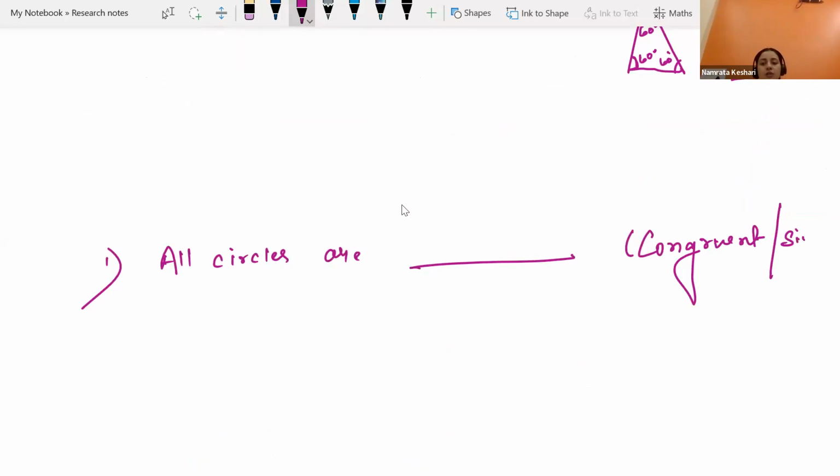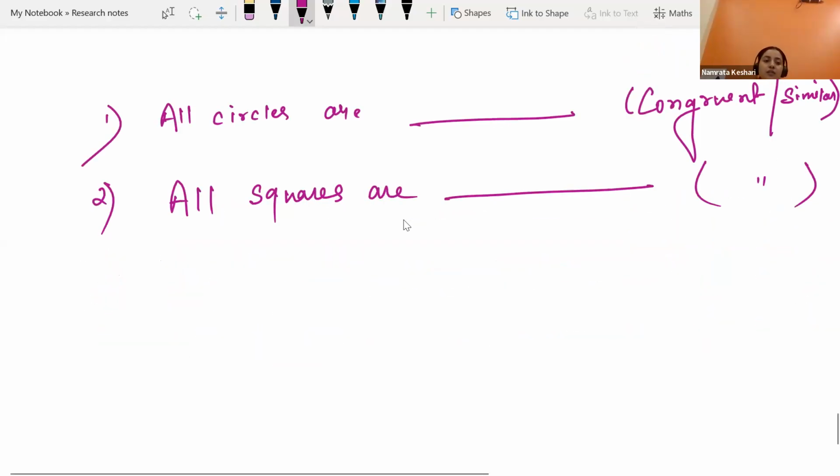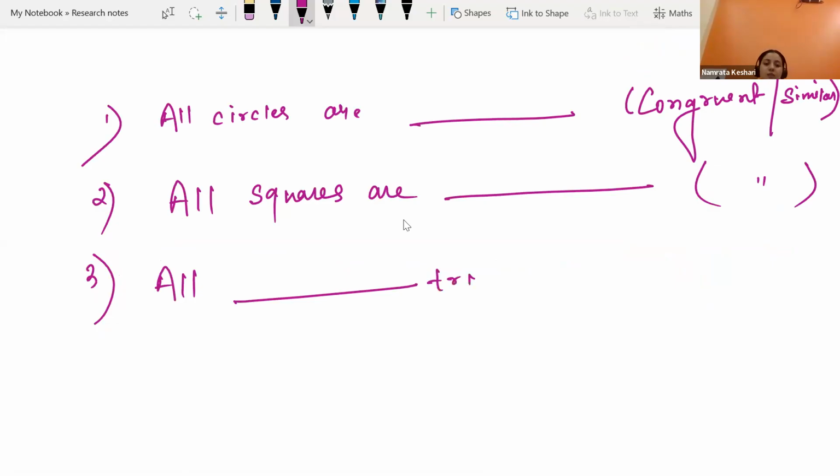So what will be the correct option from here? All circles are dash, all squares are dash, all equilateral triangles are dash. All dash triangles are similar.